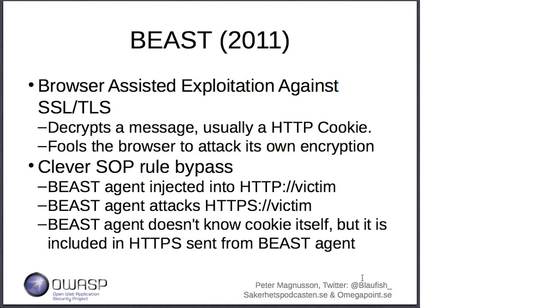And the two vectors which were used were applets and JavaScripts. And for JavaScripts, they needed WebSockets, and the WebSockets stack was actually reworked to make this attack harder to exploit. And there's also been discussion that this might be exploitable against more types of networks than just the browser.